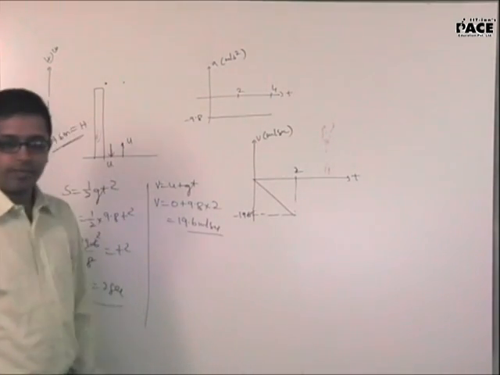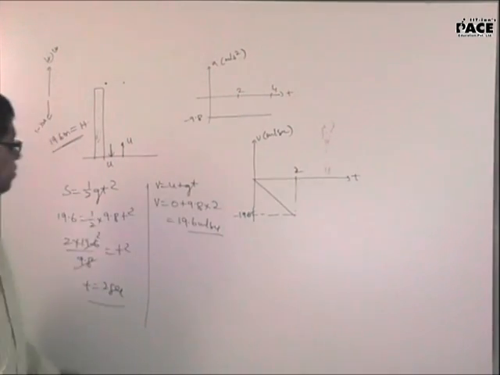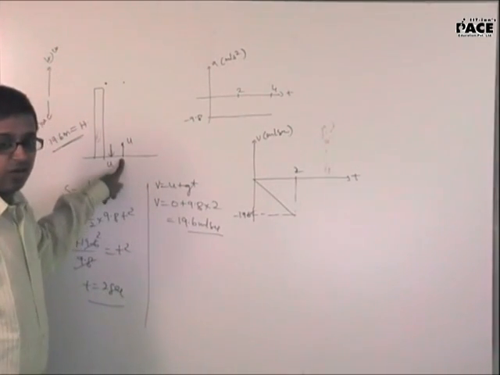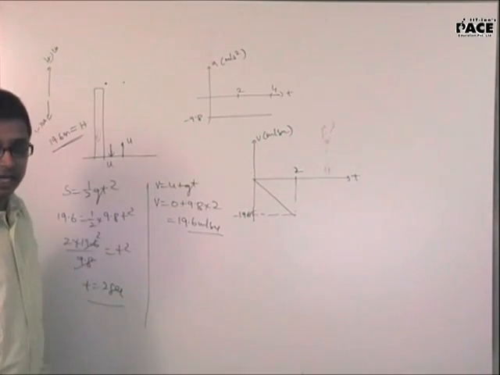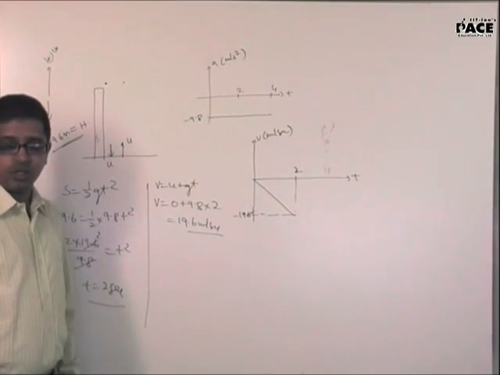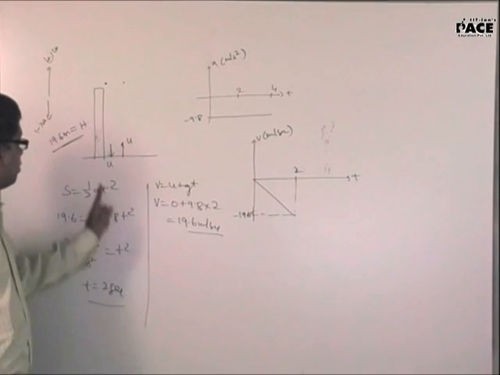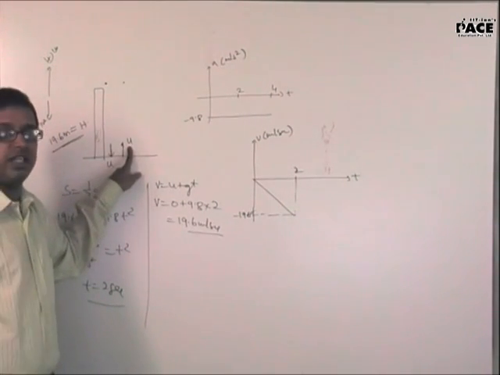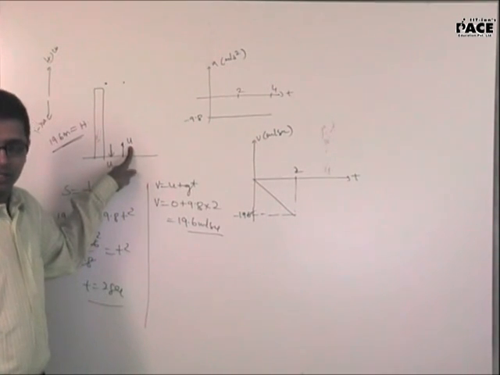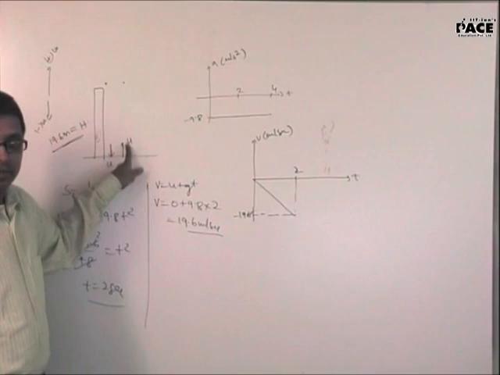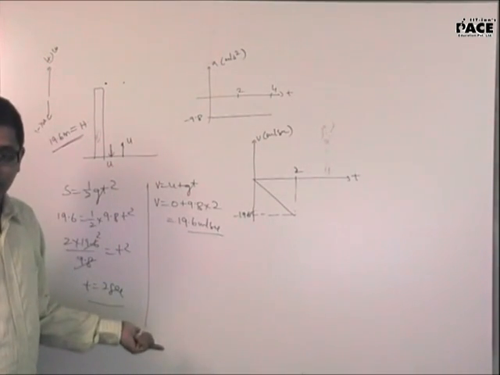Now just after colliding with the ground, the velocity is in the upward direction. Remember, once the velocity has become upwards, it becomes positive.